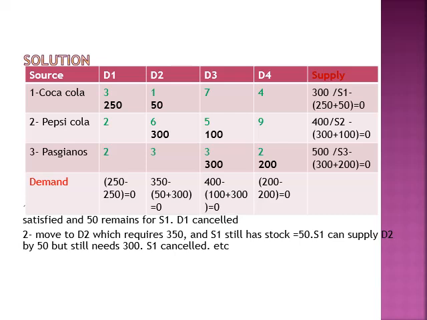D3 still wants 300. Now D2 equals 0 and Pepsi Cola now has no stock. Then we will move to the next source, Bizianos.